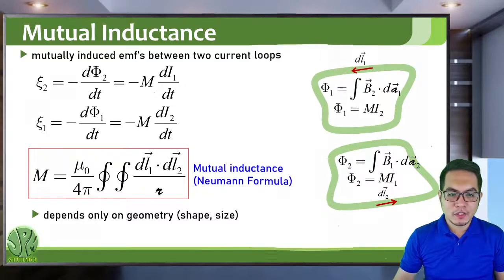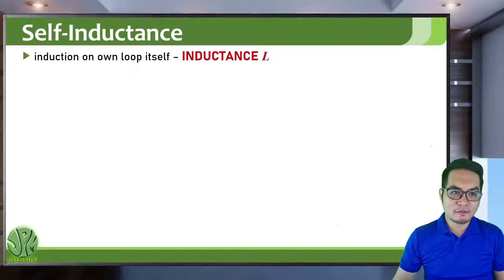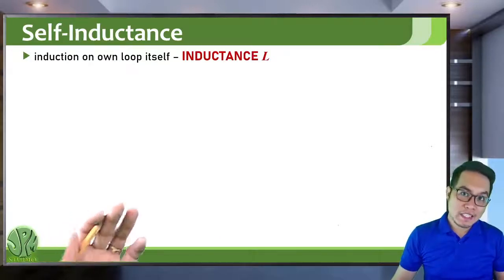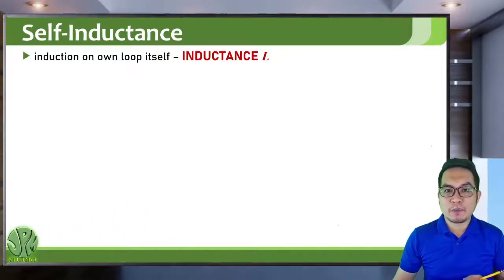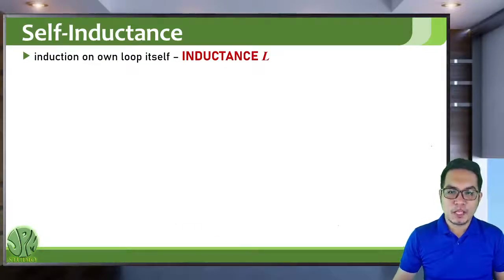Another type of inductance is what we call self-inductance, basically the induction of a loop on itself. If the flux on the loop, or the magnetic field produced by the loop, is changing, then that will induce a magnetic field and electric field on the loop itself.